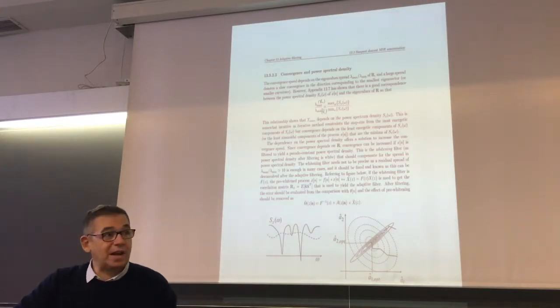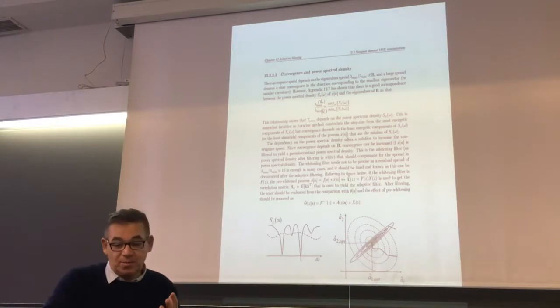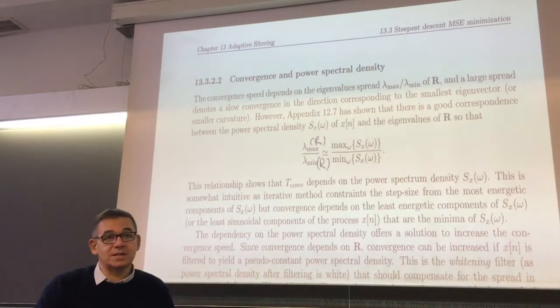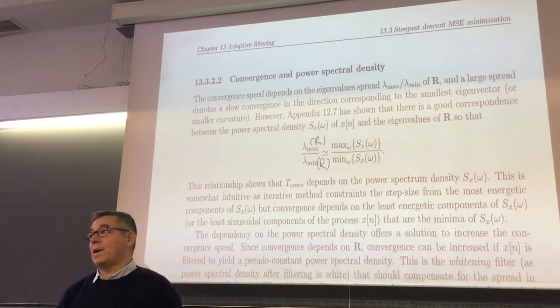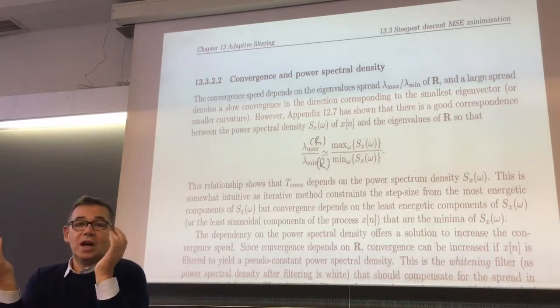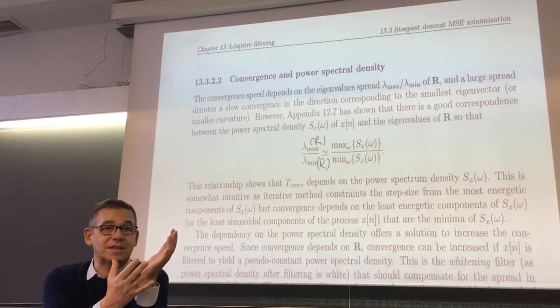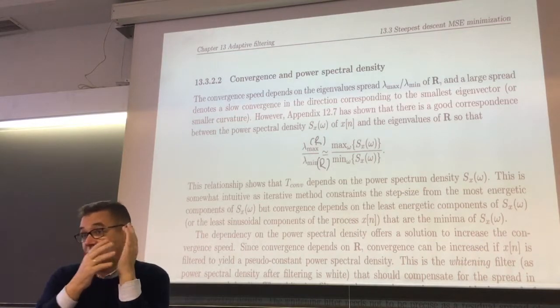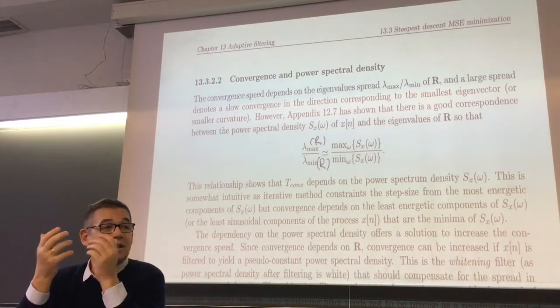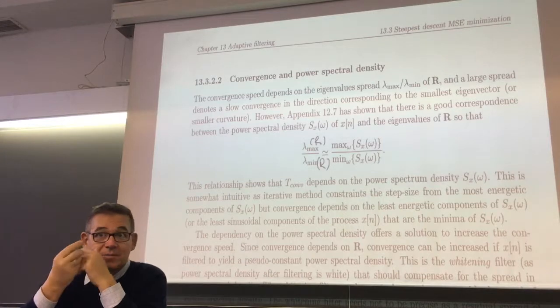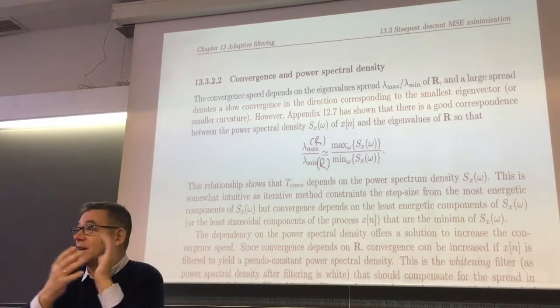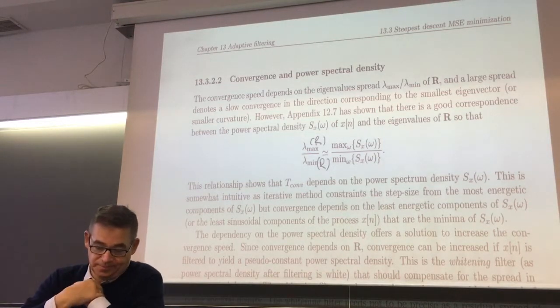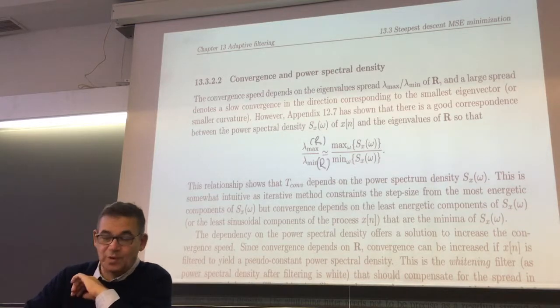Now if I start with a problem, how do I get this lambda max and lambda min? As a paradox, I have the sequence, I have a random process, I need to take a covariance matrix, I need to calculate the lambda max, lambda min, and then I finally can get the convergence time.